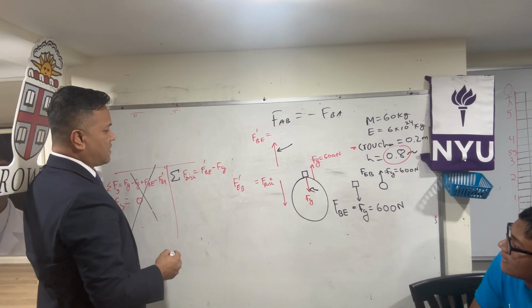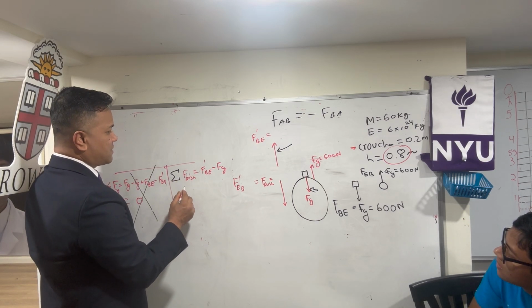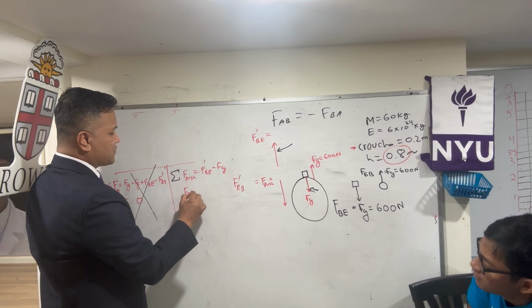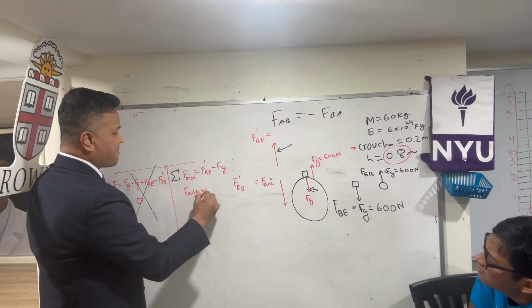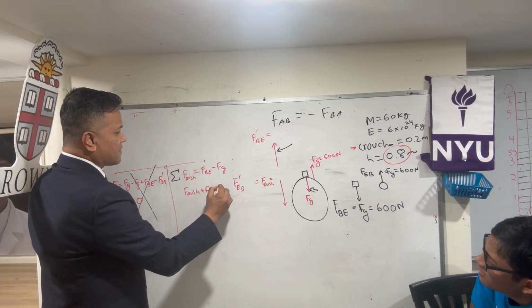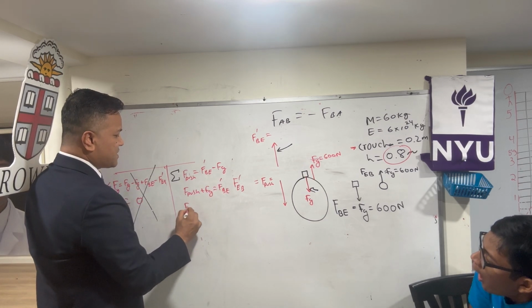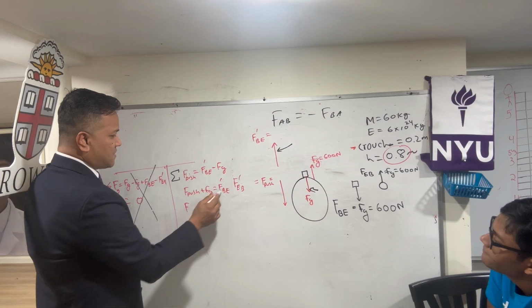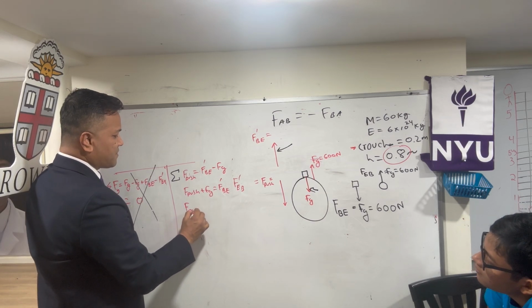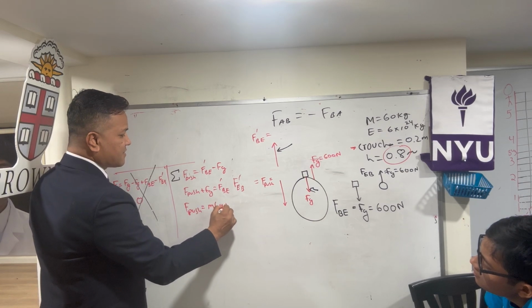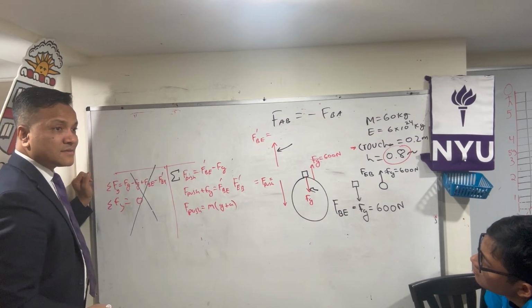So then we can say that F push plus Fg is equal to F_BE prime. So the push is actually mg plus ma, right?